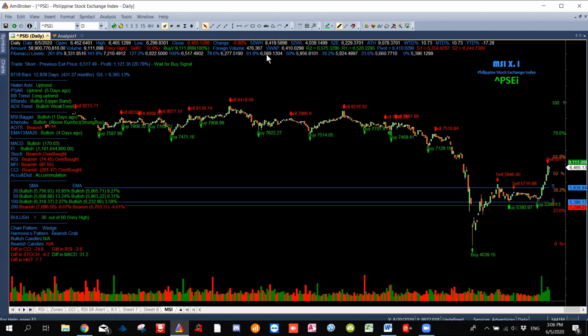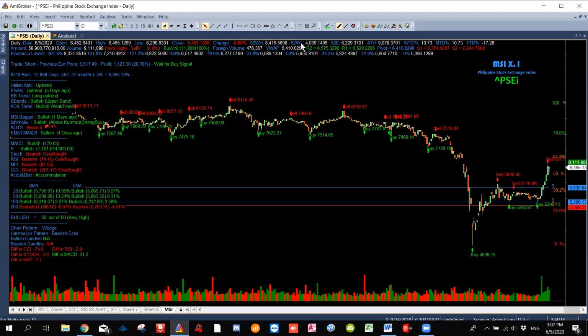Okay? So next one, we have the 52 weeks high, 52 weeks low, and the 52 equilibrium. So yung 52 weeks high, yun yung pinakamataas na price na na-achieve niya or na-reach niya within a span of 1 year or 52 weeks.